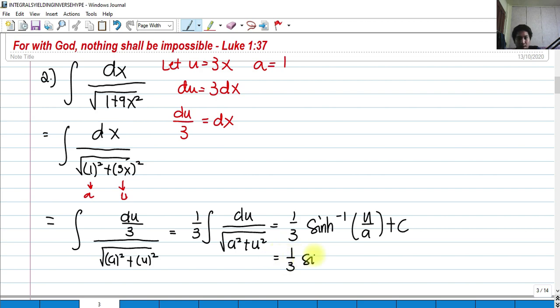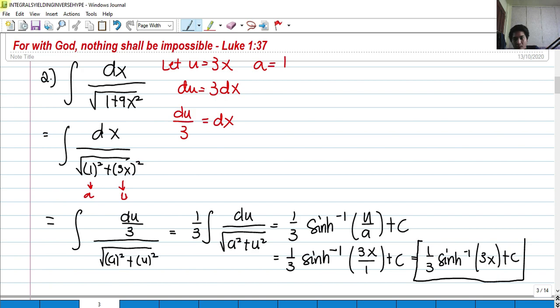So we have 1/3 inverse hyperbolic sine of u over a, where u is 3x all over a, or 1, plus c. Or simply, we have 1/3 inverse hyperbolic sine of 3x plus c. This would be our final answer for this problem in terms of the inverse hyperbolic sine.